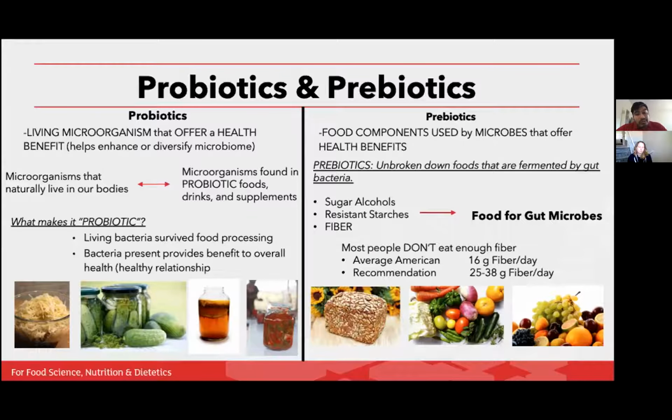In general, most people don't eat enough fiber. I know we've heard it so many times, fiber is important, but it's not only important for your heart health, but also for your gut microbes. The average American eats about 15 grams of fiber per day, while the recommendation is around 25 to 30 grams every day. With an insufficient amount of prebiotics, the microflora starts to diminish over time.